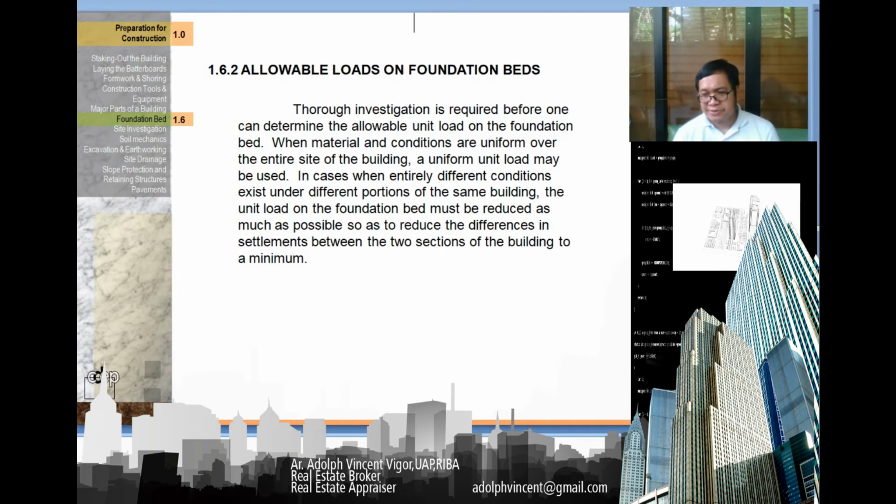So before you construct, class, you have to collect the data first of the soil that you're going to build your building into. Okay? So you're going to perform laboratory tests and you're going to obtain a section of the soil and have it analyzed so that you can be sure on the design of your footings and foundations for your building. Okay? So the goal here is to make sure that your building will not sink.